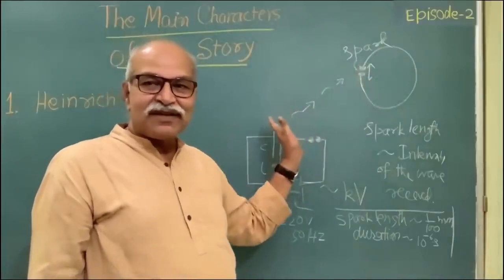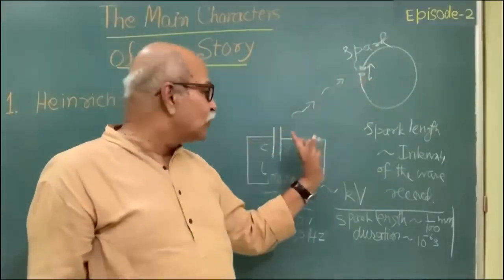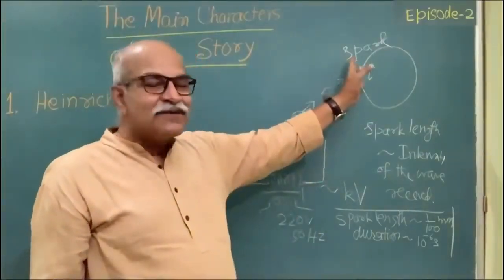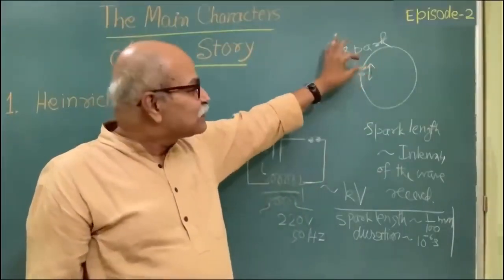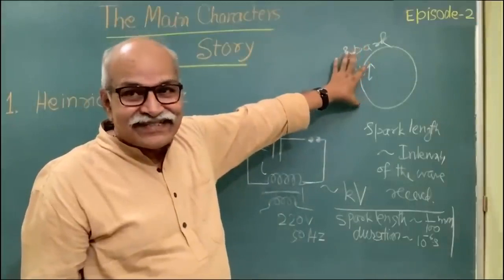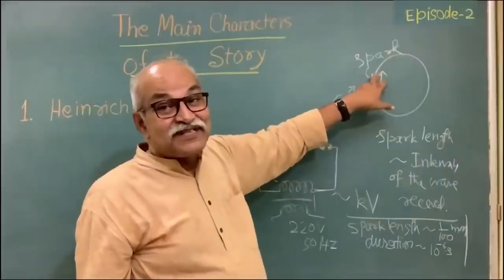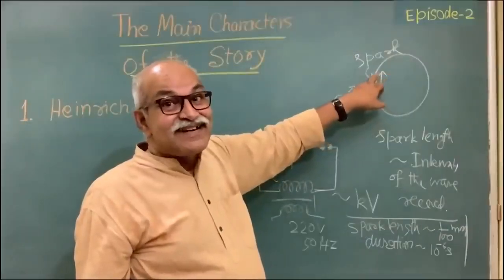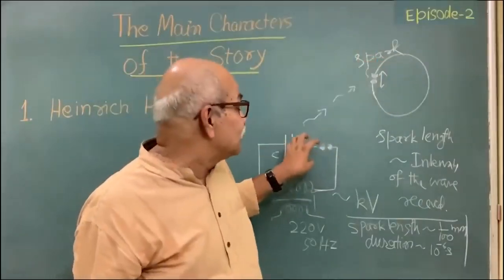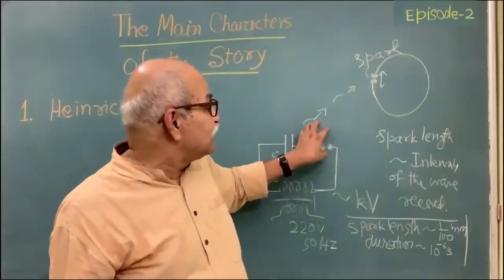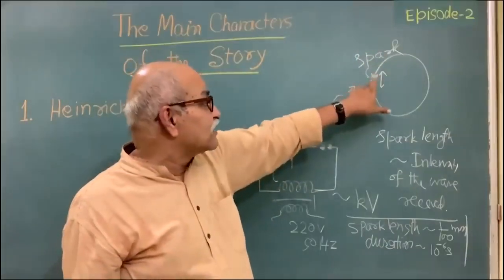But if the whole light is allowed, especially the UV part, then the spark length increases. So that was actually the photoelectric effect, where he sees that the ultraviolet component of light is also affecting the spark length.